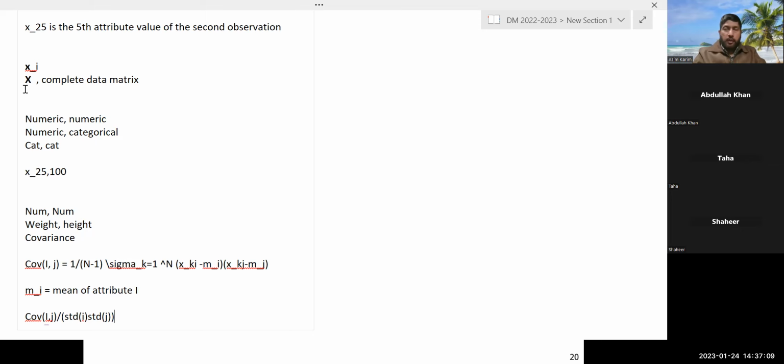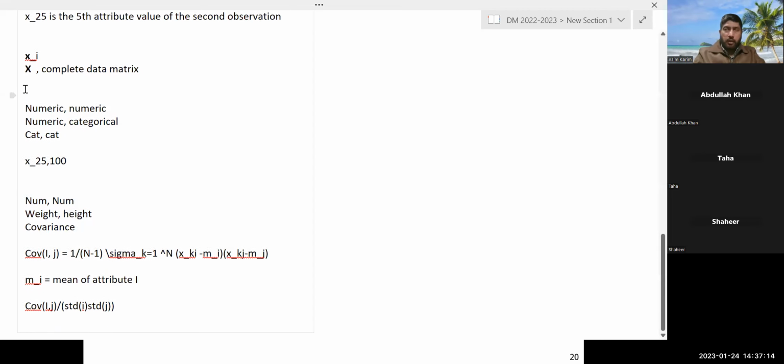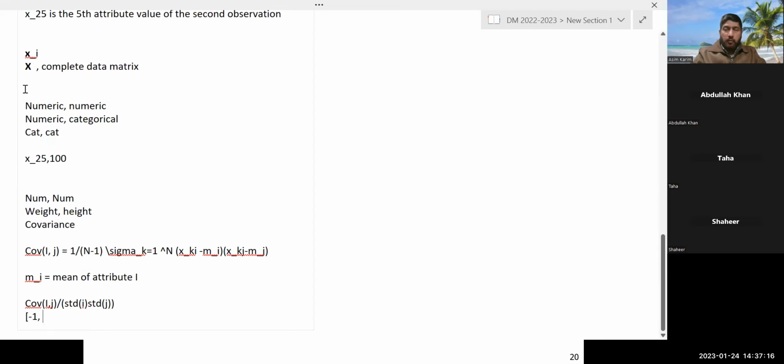So correlation is actually the normalized covariance. Now this value would range between -1 and 1. So covariance का negative ज़्यादा भी हो सकता है, positive भी ज़्यादा हो सकता है. But if you divide by the respective standard deviations, then this would be normalized and it becomes correlation.